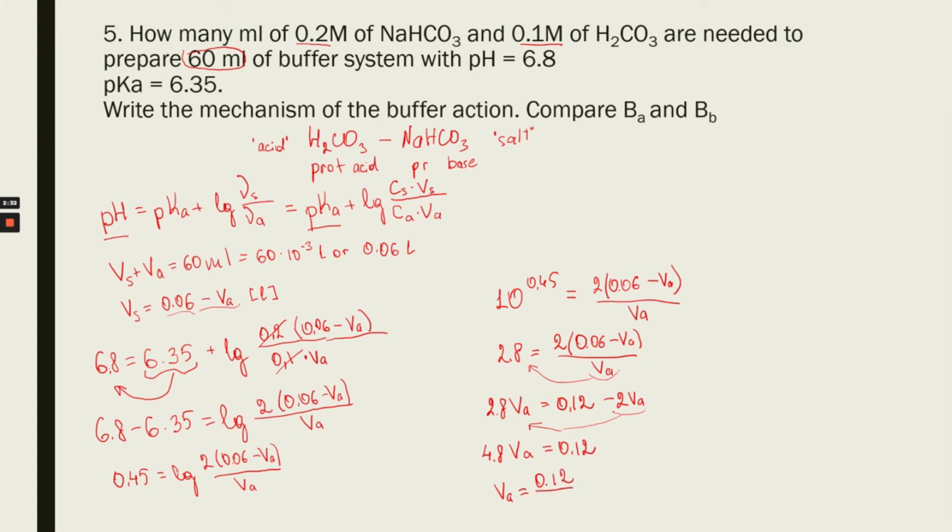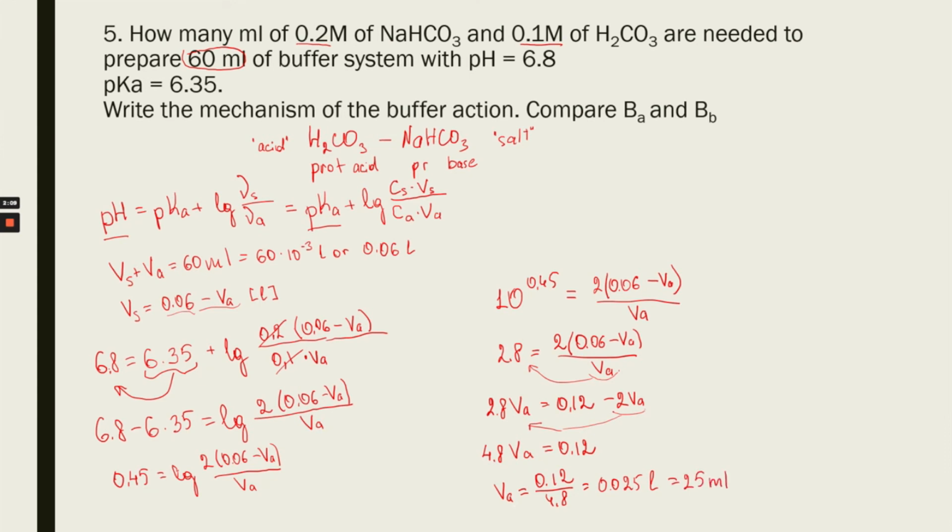and VA is equal 0.12 divided by 4.8, and it's equal 0.025, and the units are liters or 25 milliliters.